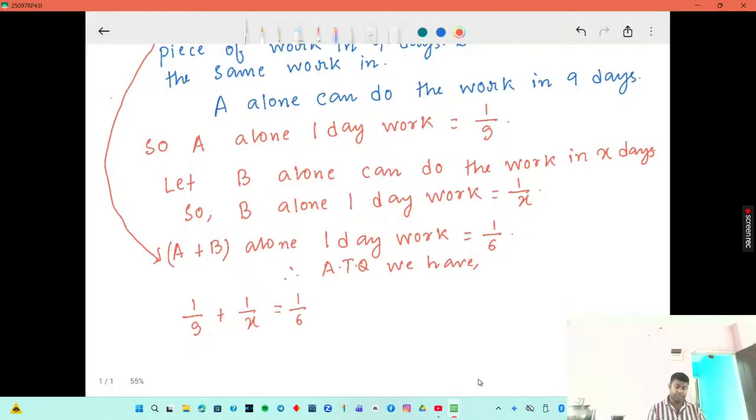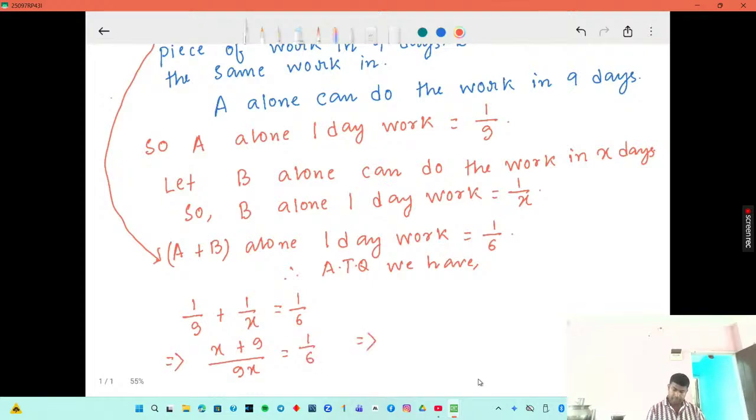And what is x? X is the number of days B alone takes to finish a particular piece of work.